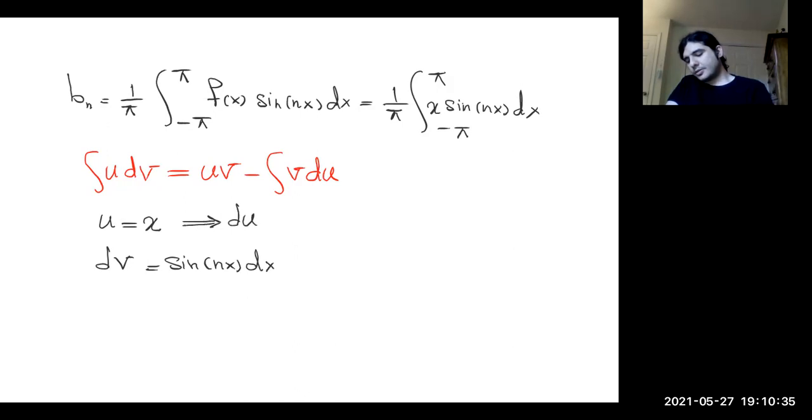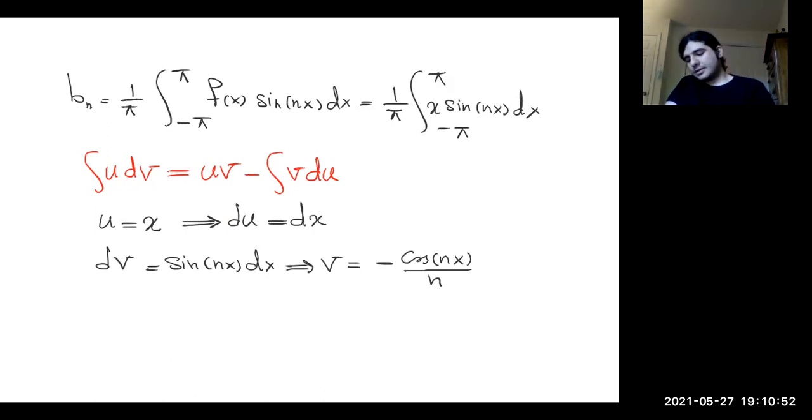So du is going to be equal to dx, right? And v is going to be equal to minus cosine of nx over n.